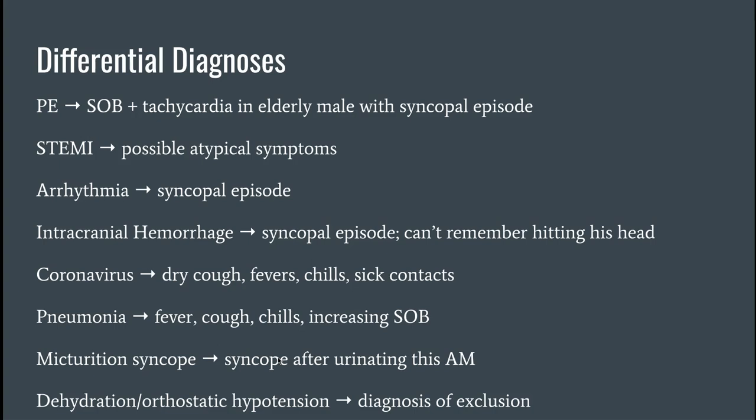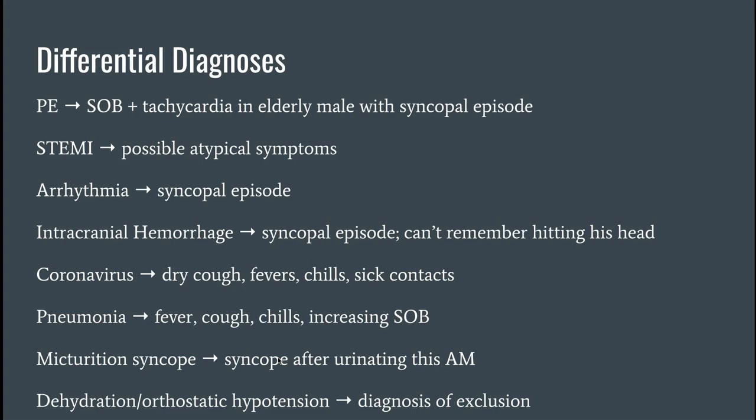So in terms of differentials, I'm thinking maybe it's a PE. The guy is an elderly male with a syncopal episode who presents with shortness of breath. He's tachycardic. Maybe it's an MI or an arrhythmia because he has a syncopal episode. Maybe he did hit his head, but he doesn't recall hitting his head.